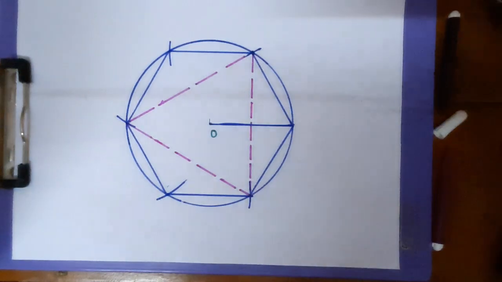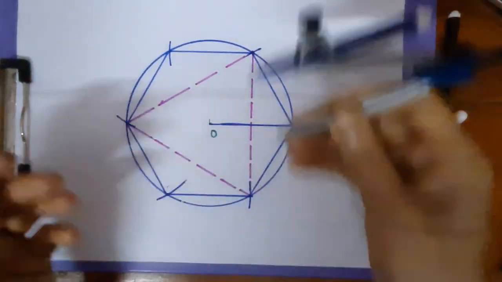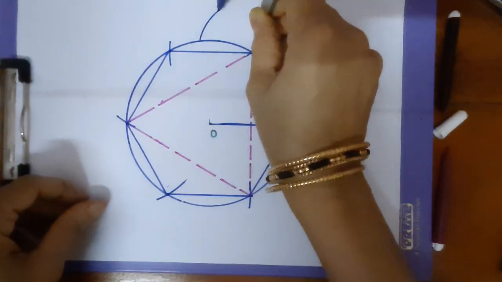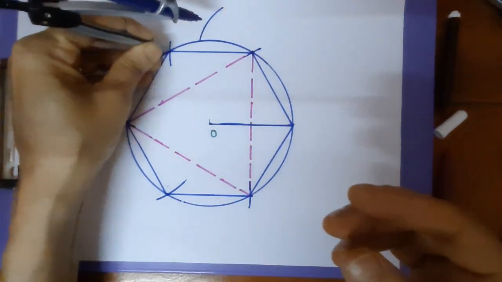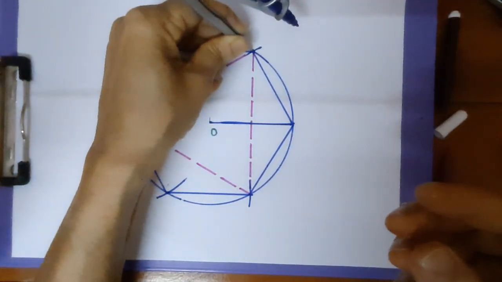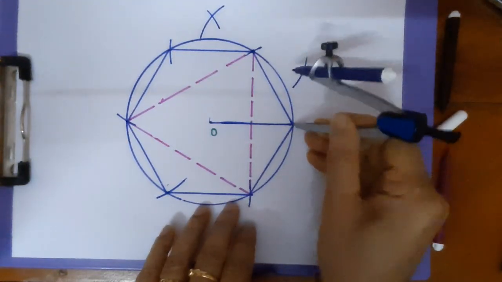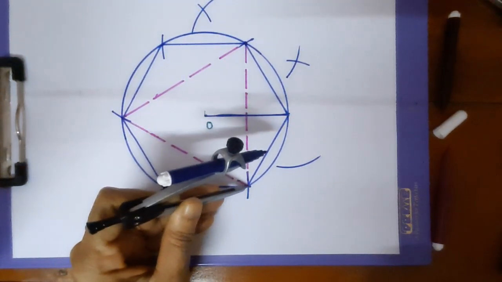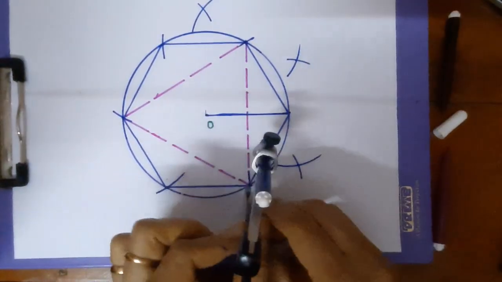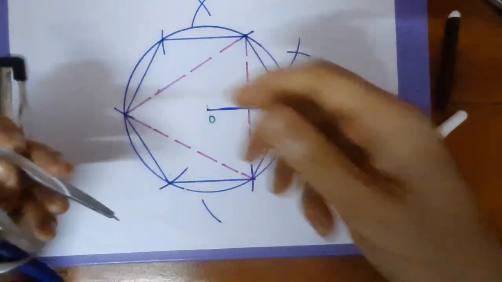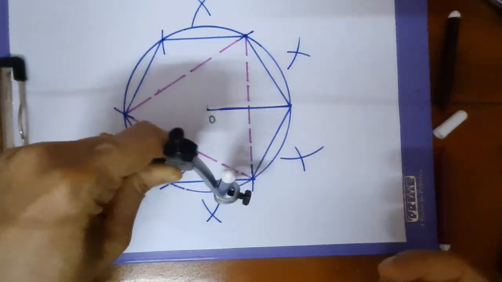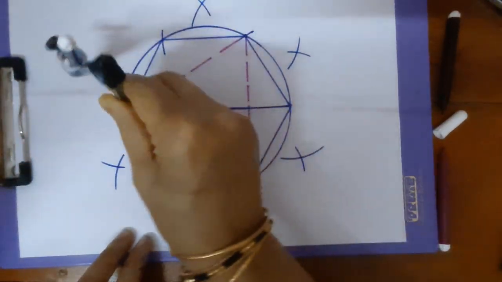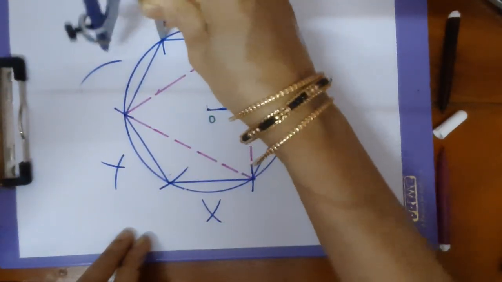If the bisection of each side of this hexagon is done, I continue the bisection process. Yes.